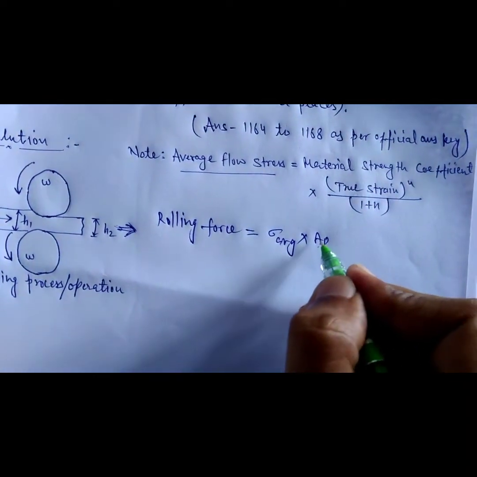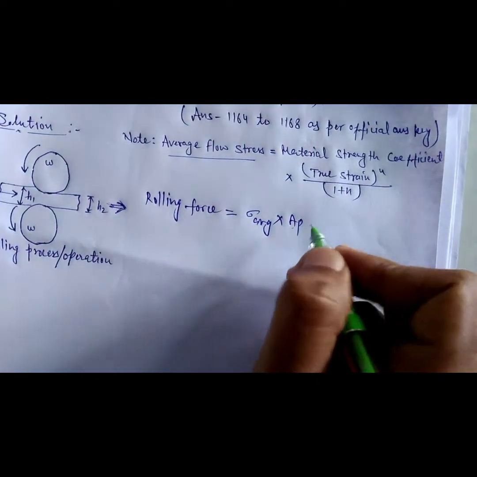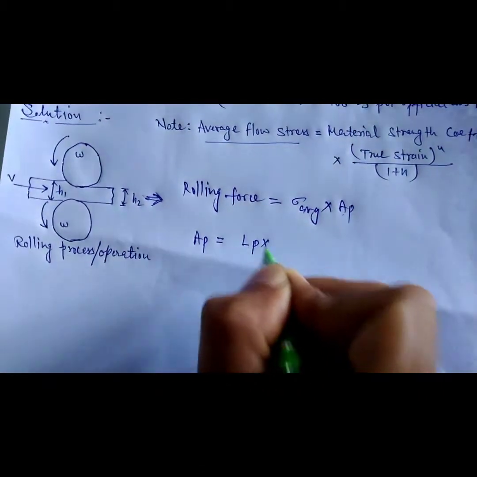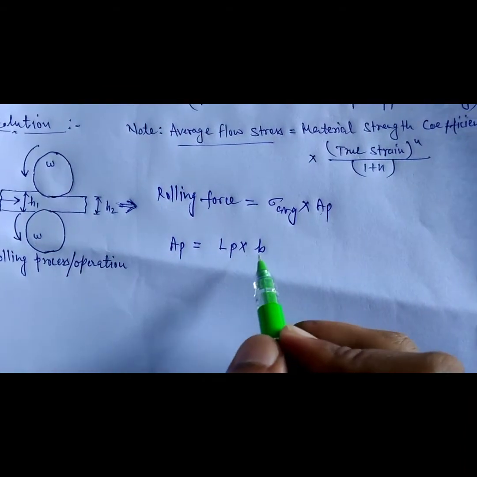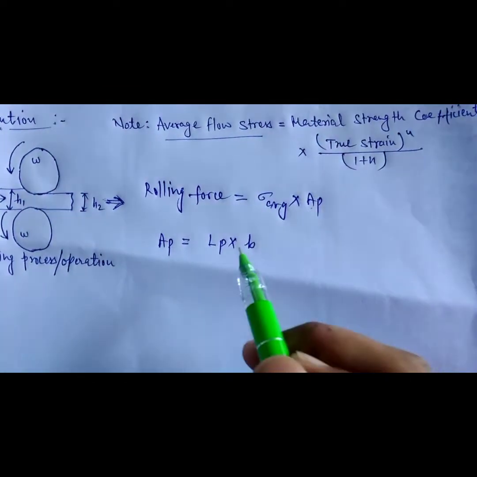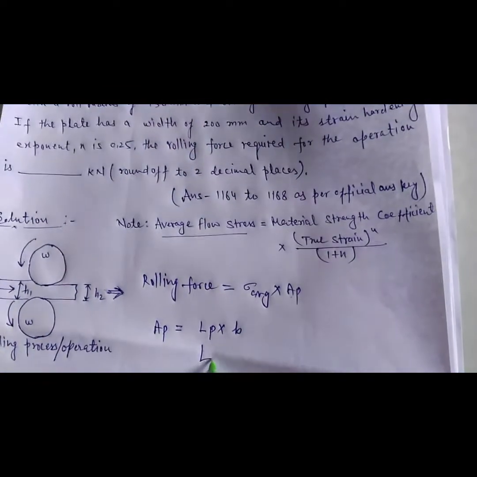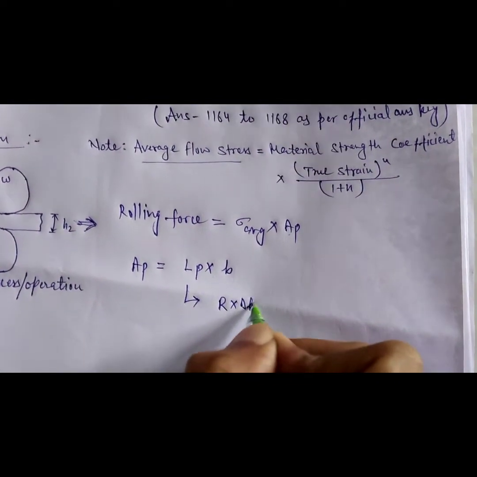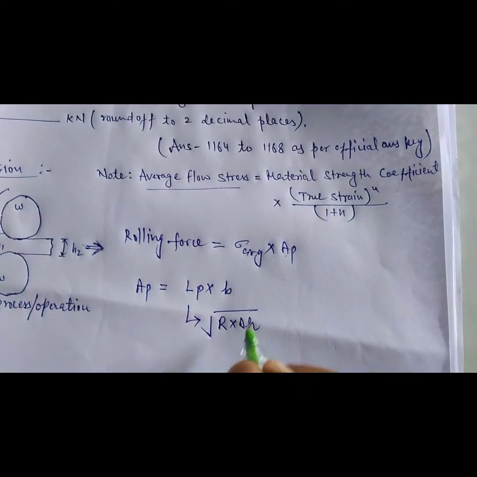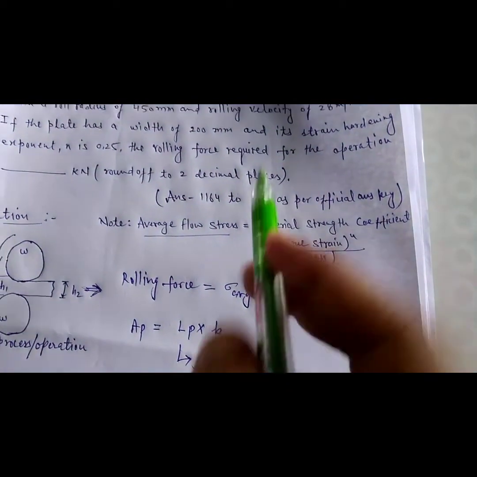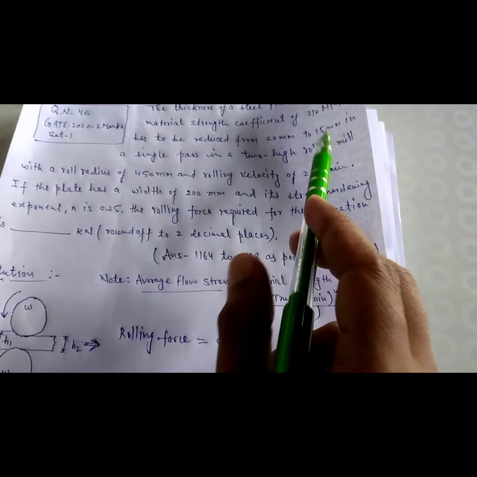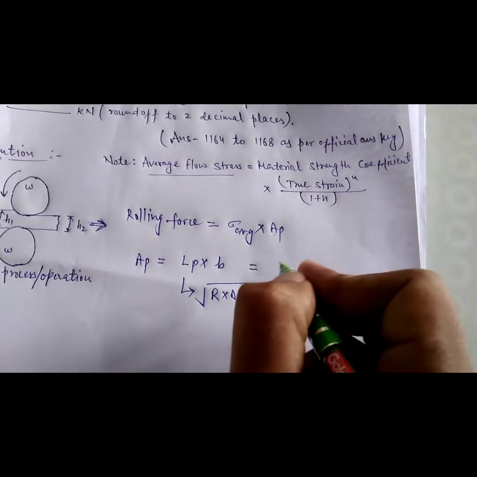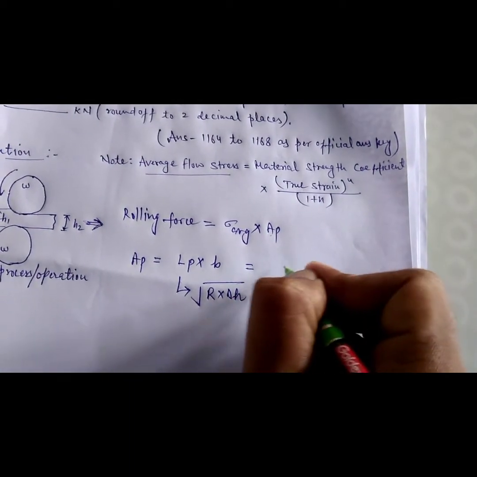AP is the contact area, or you can say plate area, which is equal to LP into B. B is the plate width which is given in the question, and here LP is equal to square root of R into delta H. R is the radius of the roller and delta H is the reduction in the thickness. So finding this area, AP is equal to square root of R into delta H, into B.